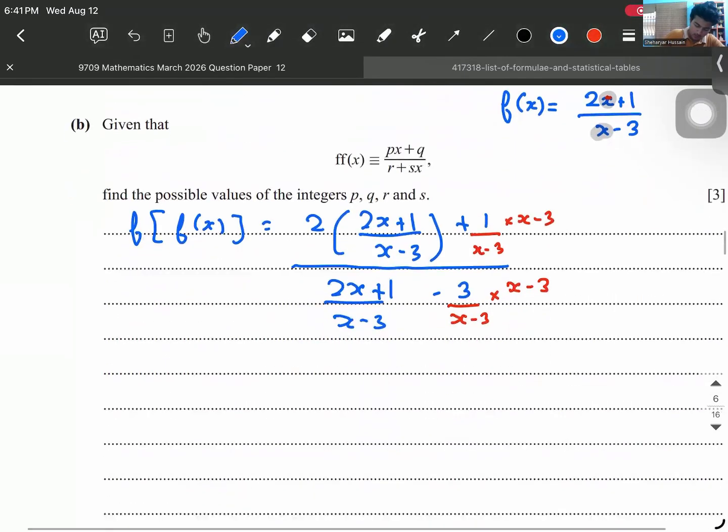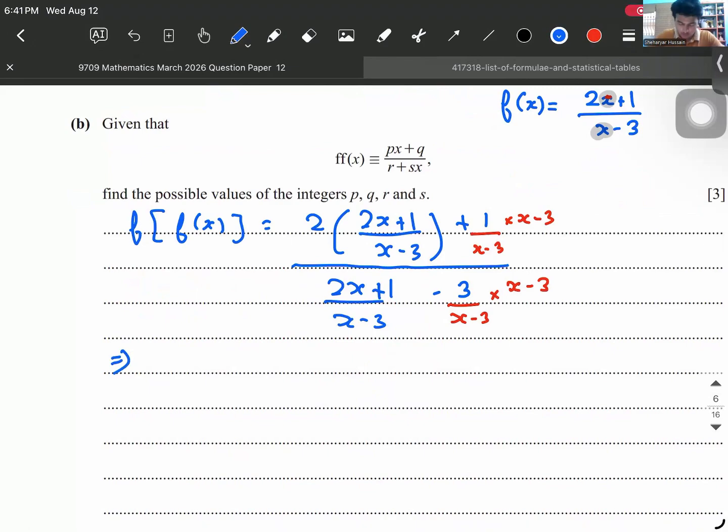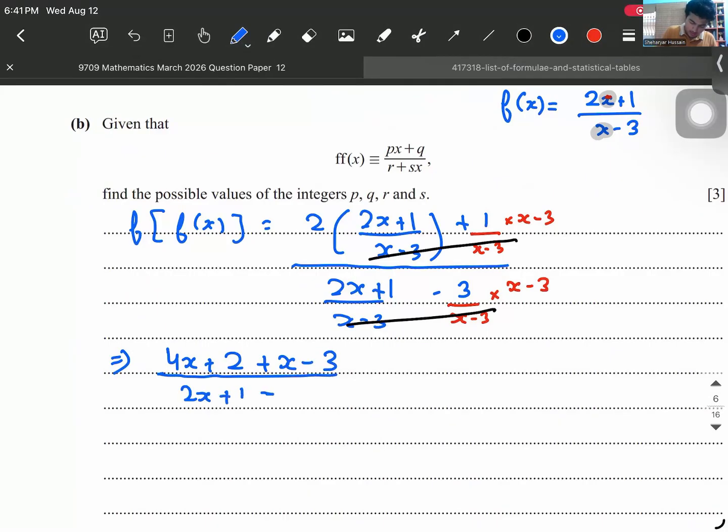Since the LCM is the same, we can cancel out the denominators on both sides. So this then becomes 2 times, or rather, let me just open this up, 4x plus 2 plus x minus 3. And in the denominator, we are left with 2x plus 1 minus 3x. And the negative over here will become plus, so plus 9.